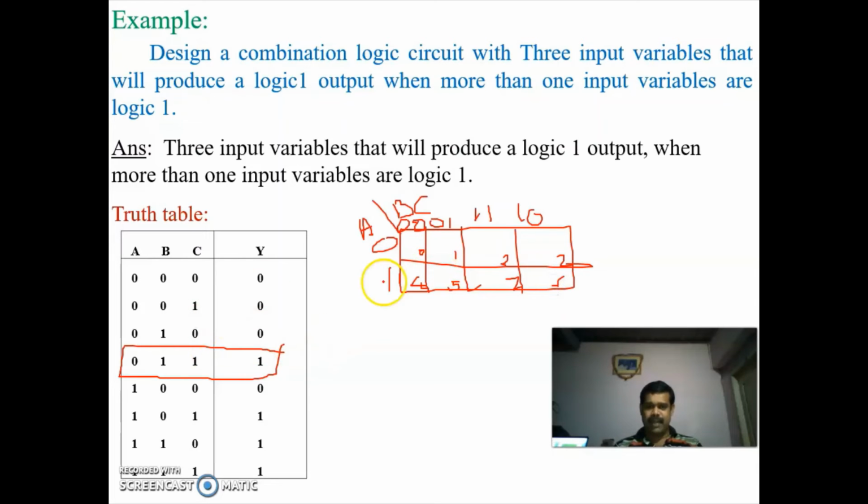So for 3, in the place of 3, you have to put 1. In the place of 101, which is 5, you have to put 1. Then in the place of 6, you have to put 1. In the place of 7, you have to put 1. So you have to plot.